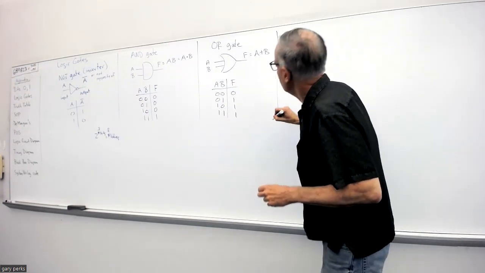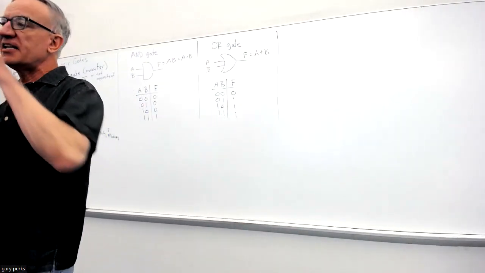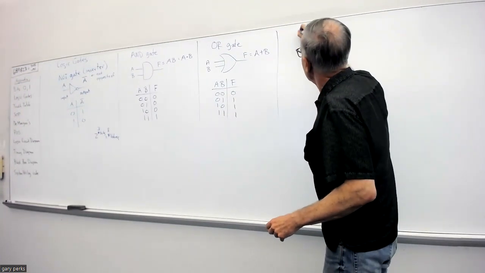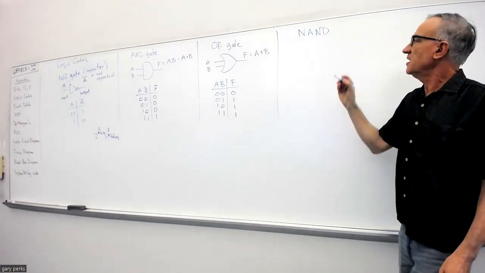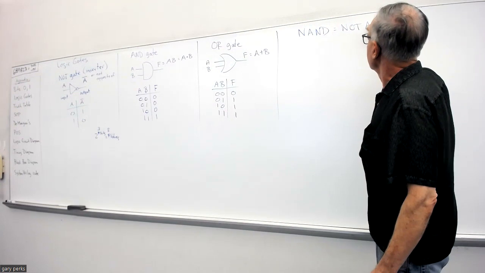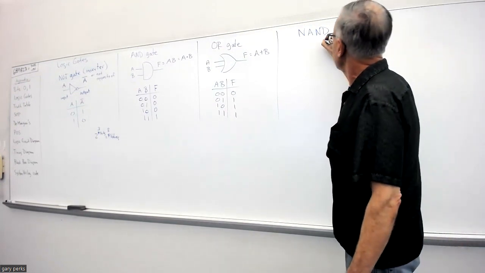All right, now I'm going to go over 2 more logic gates that are not on that handout. The first of these 2 is the NAND. NAND stands for not AND. And the symbol for a NAND looks like this.